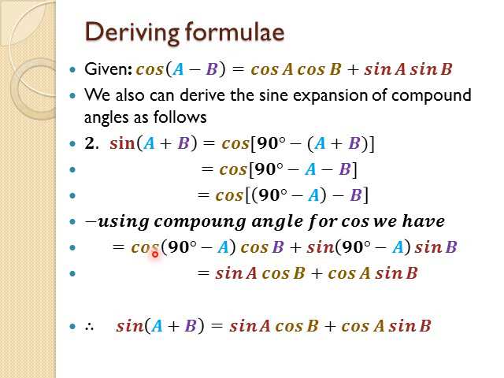In the first quadrant, everything is positive, so that becomes sin A. Cos B simply stays cos B. Sin(90 - A) in the first quadrant, everything is positive, but sine changes to cos. That becomes cos A sin B. So therefore we can conclude that sin(A + B) equals sin A cos B plus cos A sin B. So whenever it's sine, it will be sine cos, cos sine.